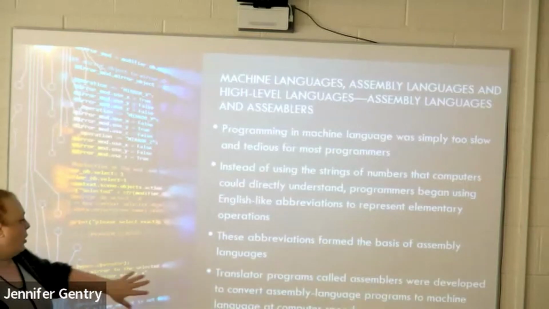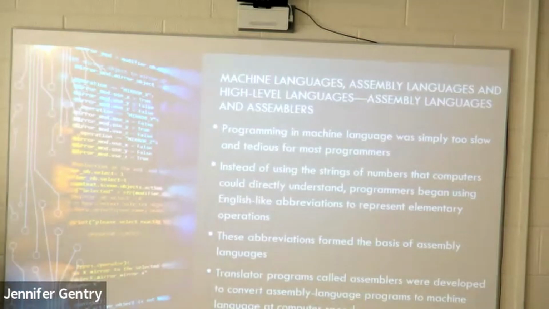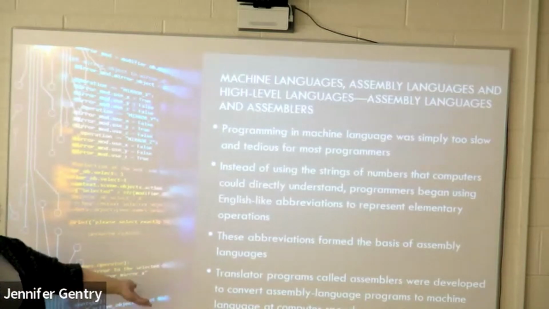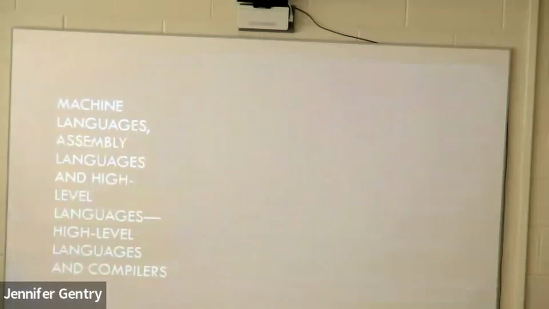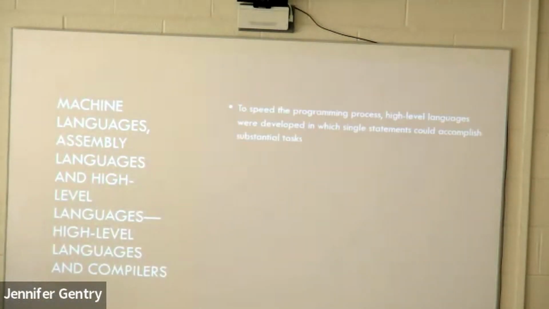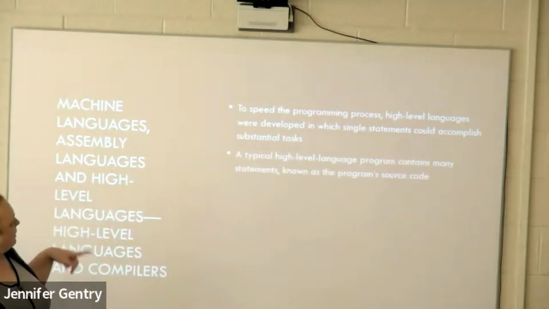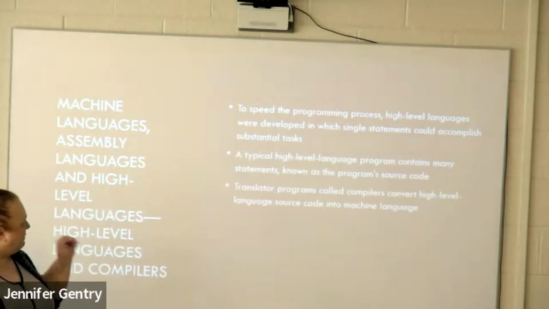What we are going to do is use something to convert our English type words into that binary. It's going to convert it into machine language so fast, we're not even going to realize it. Typical high level language, we already talked about that.